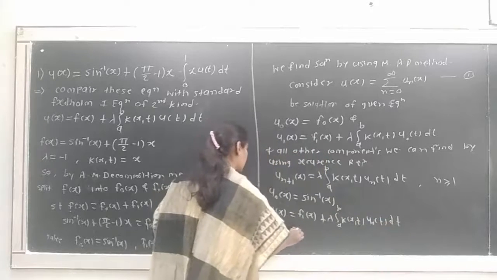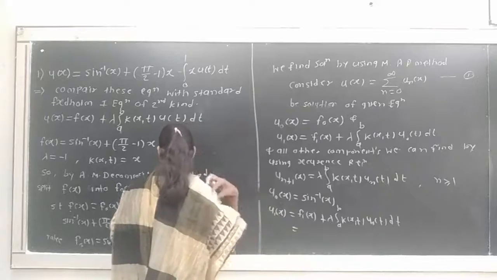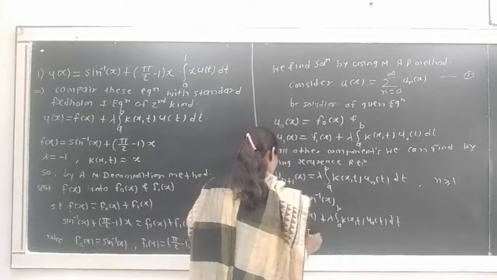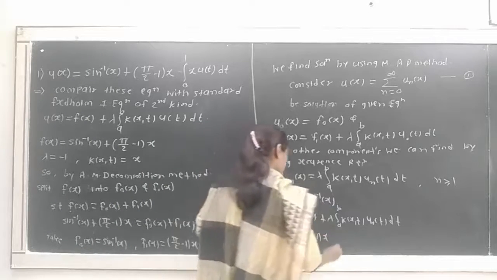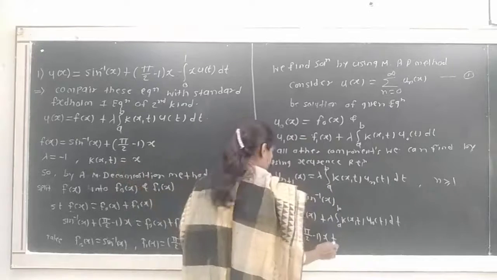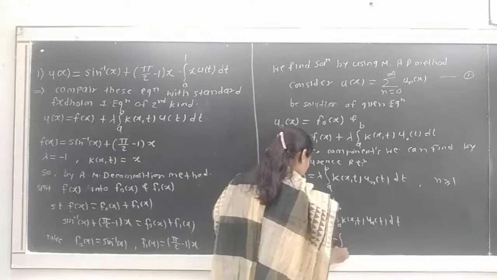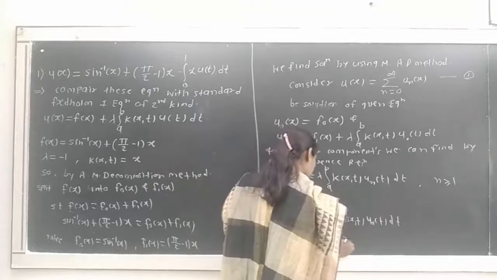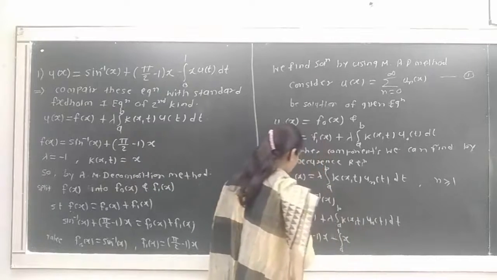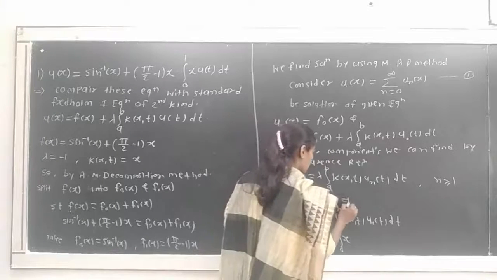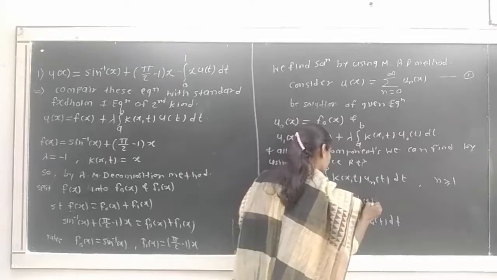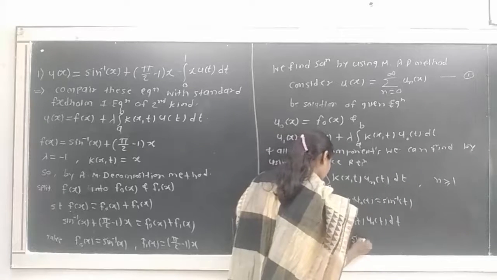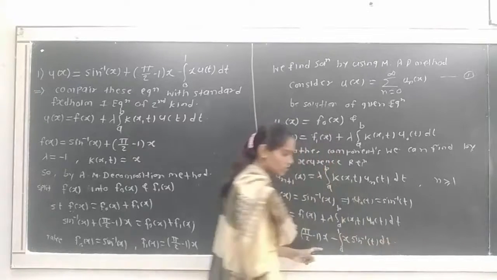So here we put the values. f1 of x, the second term of the function, is the remaining term pi by 2 minus 1 into x, plus lambda equal to minus 1, so we get minus integration from 0 to 1, kernel x, then u0 of t equal to sine inverse of t, so we get x into sine inverse of t dt. Then we solve this integral.